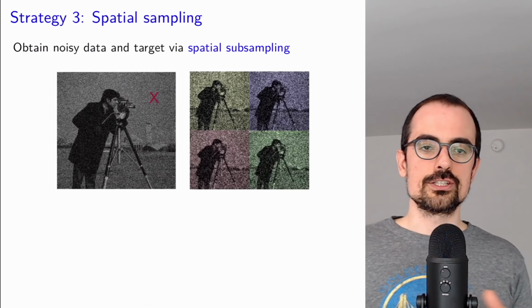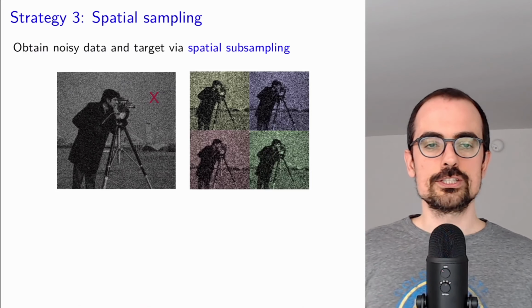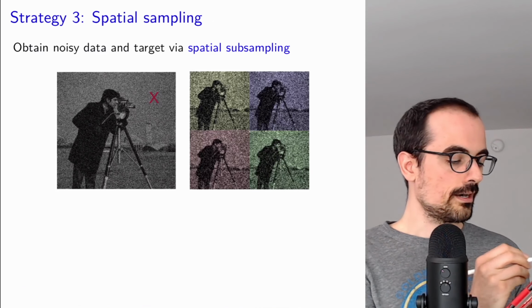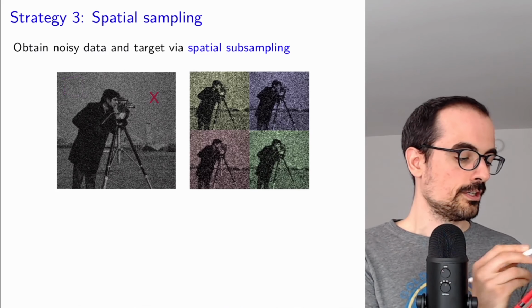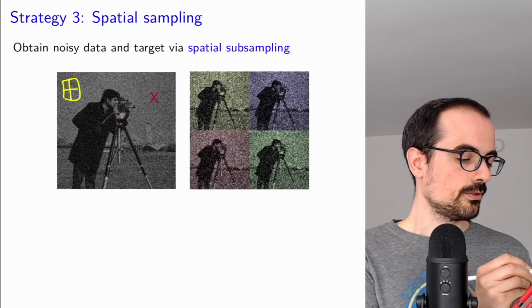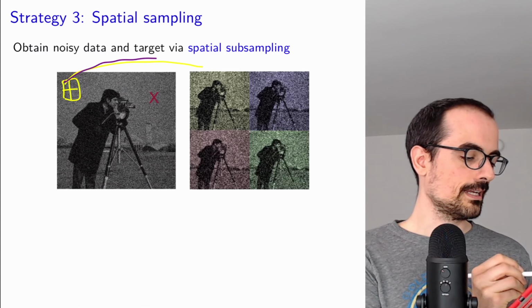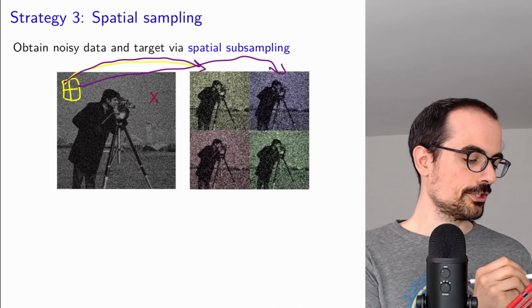A similar strategy, but slightly different, that enables you to not have to acquire different images is spatial subsampling, which is a clever technique where you take, let me change the color here. You take, for every four pixels, you assign each of them to a different sub-image.